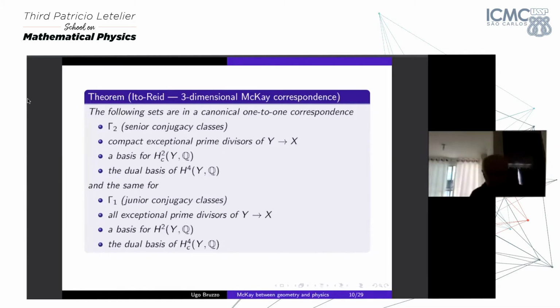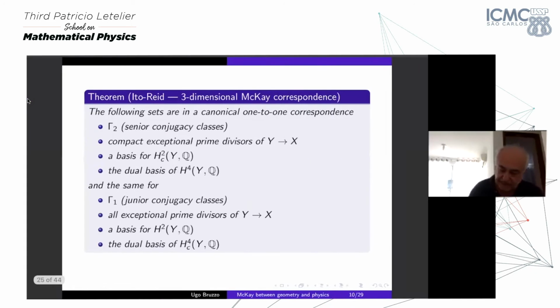Again, H6 is 0 because this variety is non-compact and oriented. And so we should take care of H2 and H4. And also we shall make a distinction: we shall consider not only the usual cohomology groups with coefficients in Q, but also cohomology groups with compact supports.